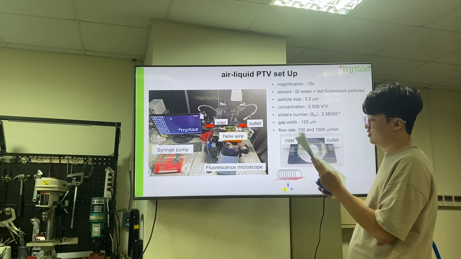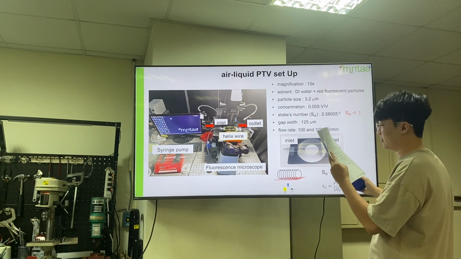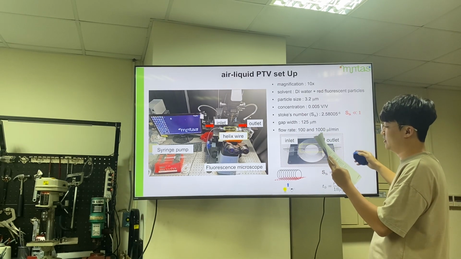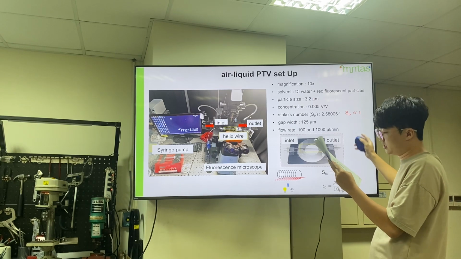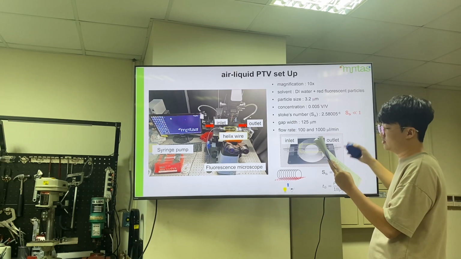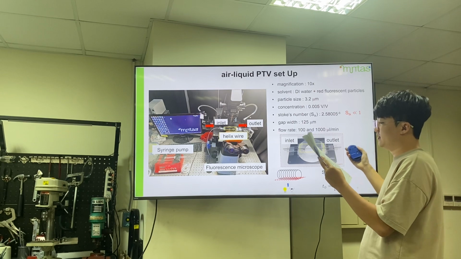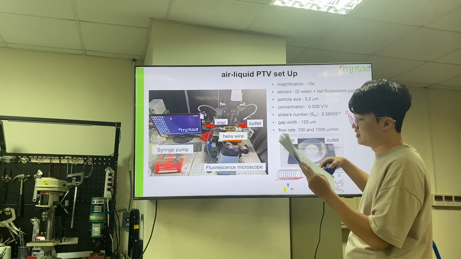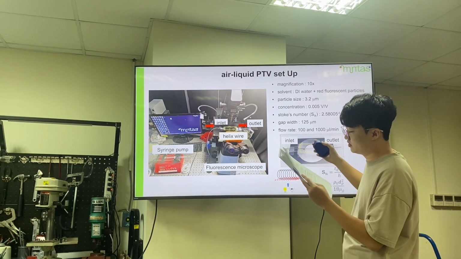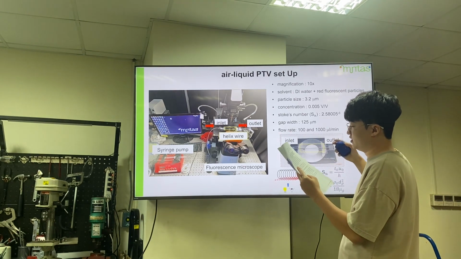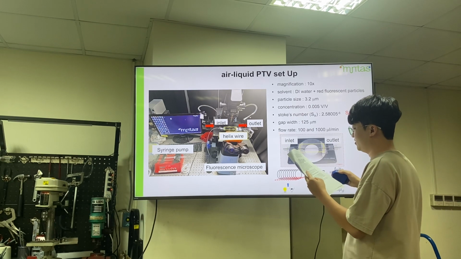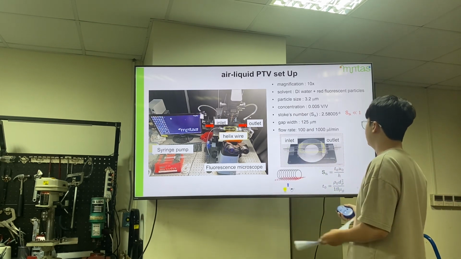Additionally, the Stokes number of the particles in the system is still below 1, indicating a high tracking precision. Finally, due to interference caused by the original glass tube, we switched to a liquid air interface for improved observation clarity.